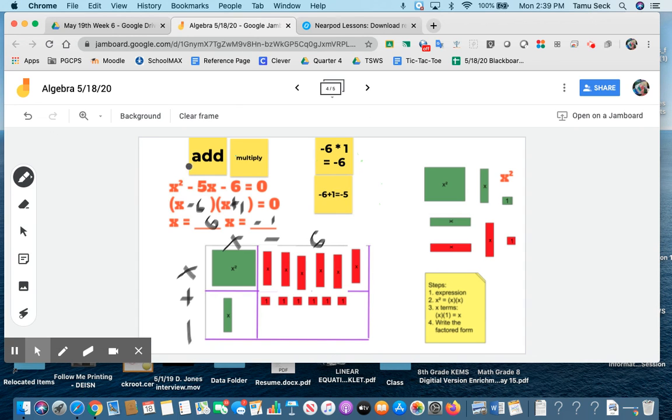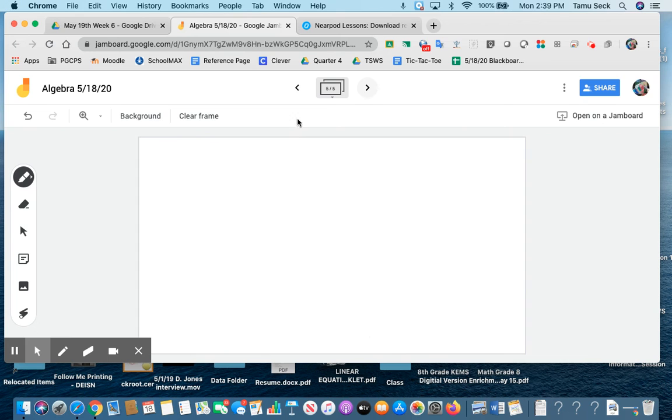Okay, I'm going to do a few practice problems just to make sure that everybody understands this. So I want you to write down in your journal this problem: x squared plus 8x plus 15 equals 0.